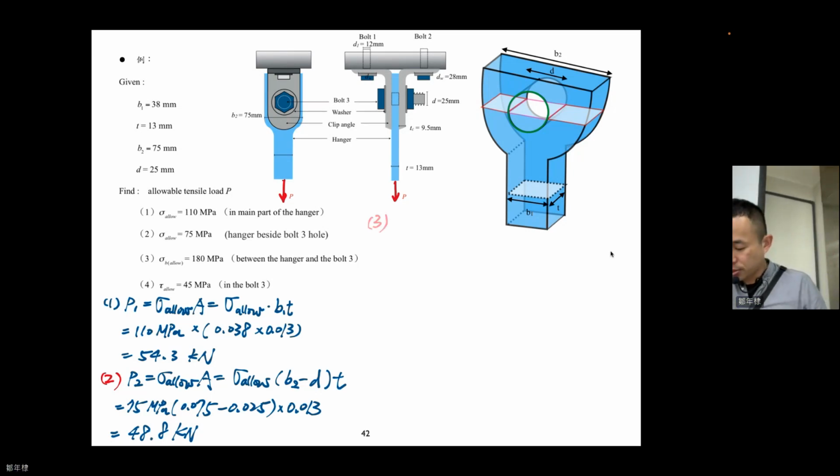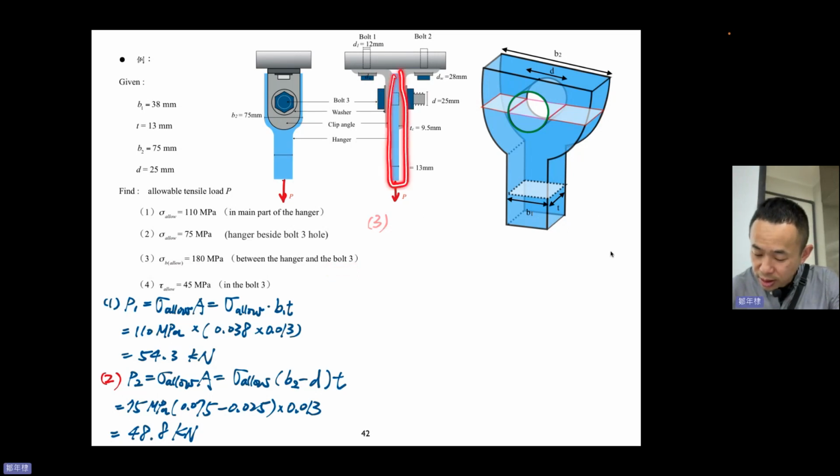Third one. Third one is sigma bearing allow is 180 MPa between the hanger and the bolt 3. So you see the hanger and the bolt 3. Your hanger is trying to go down, but the bolt 3 stops it, right?